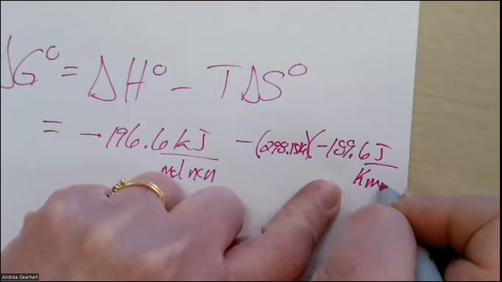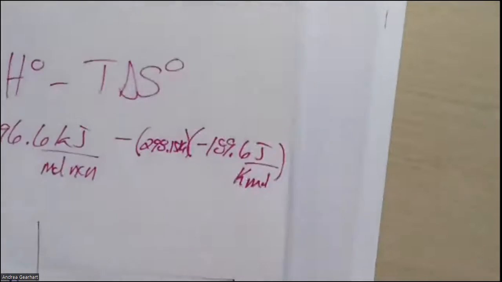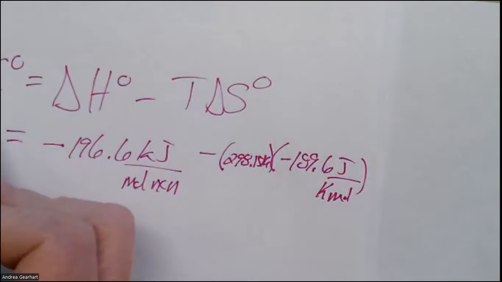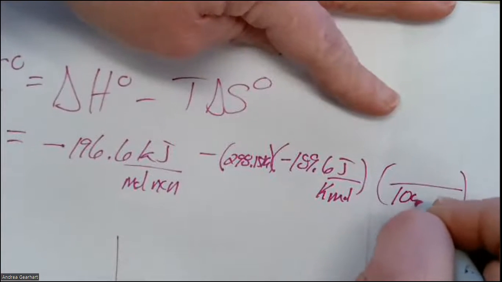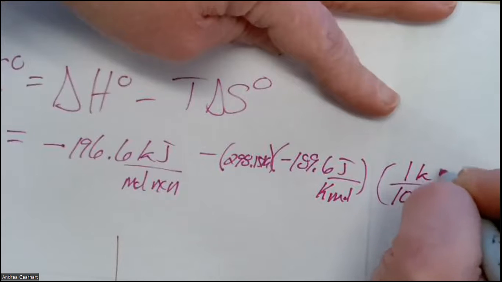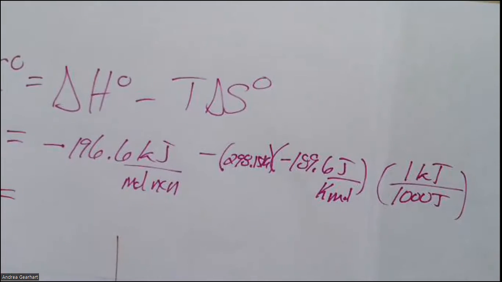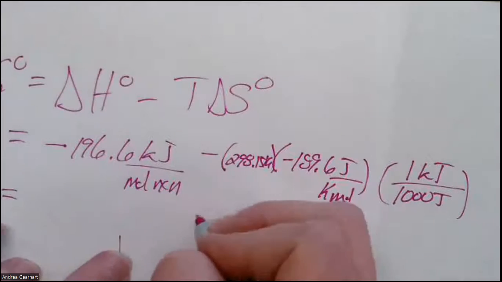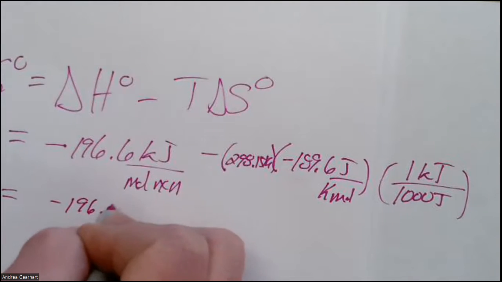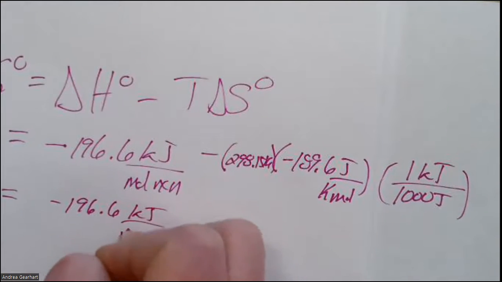Now, we just have to be careful. This is joule per Kelvin mole. And so we're going to have to get ourselves to kilojoules because delta G naught is often in kilojoules. And so 1,000 joules, 1 kilojoule. So just being careful with our signs, but also our units. All right, so negative 196.6.